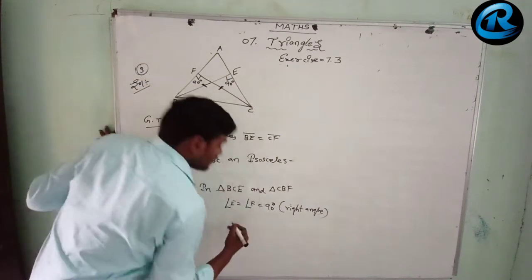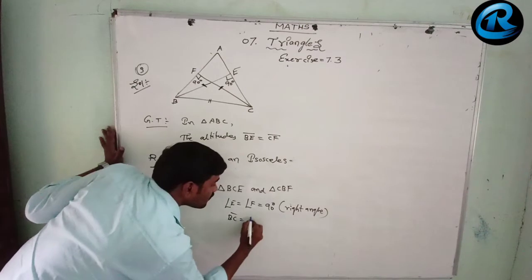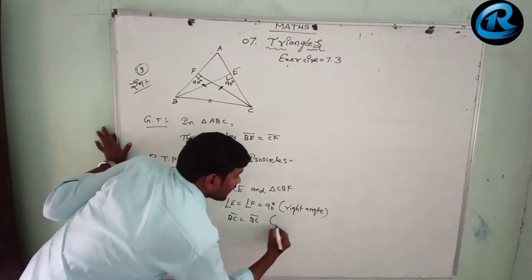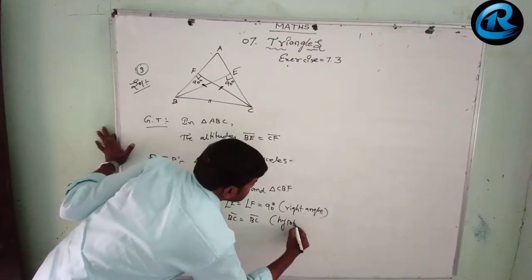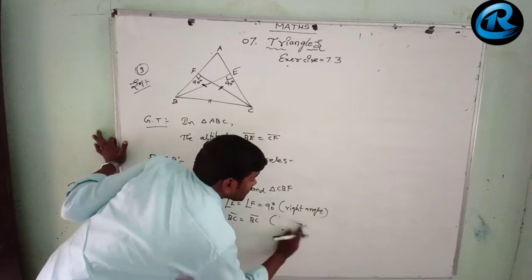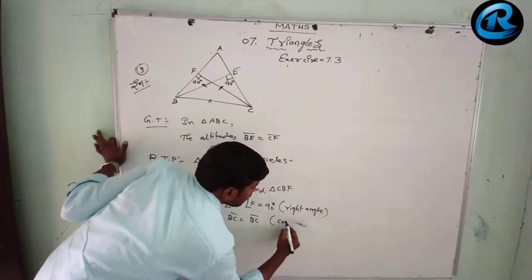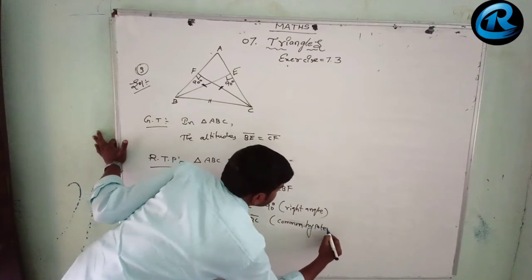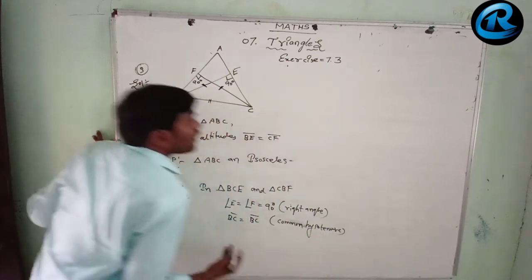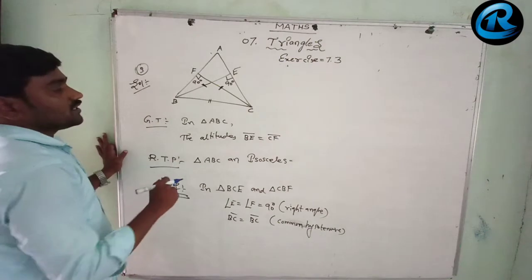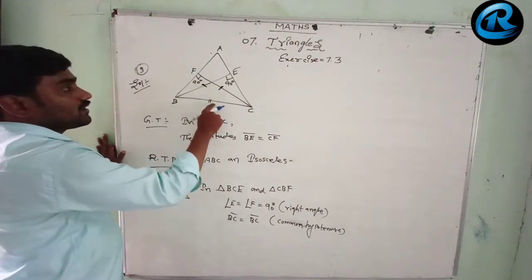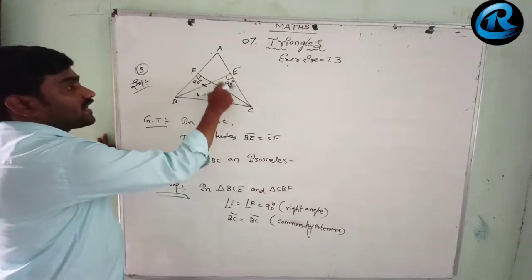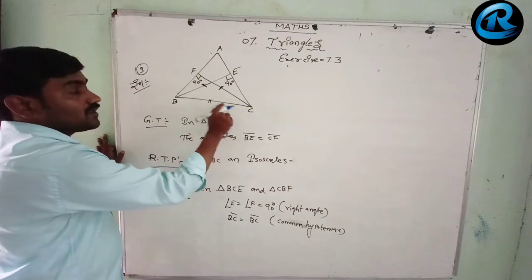So BC equals BC, a common hypotenuse. Now we have one right angle and one hypotenuse. We need one more side.